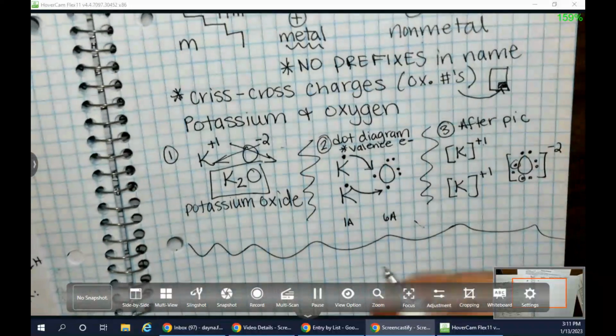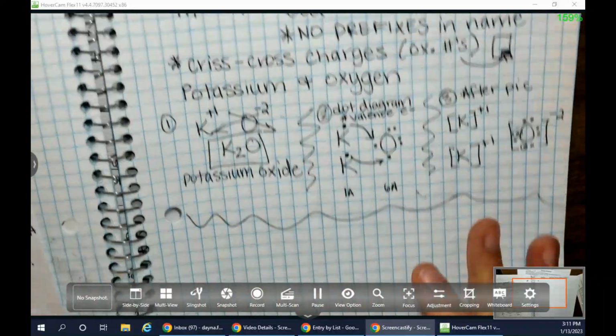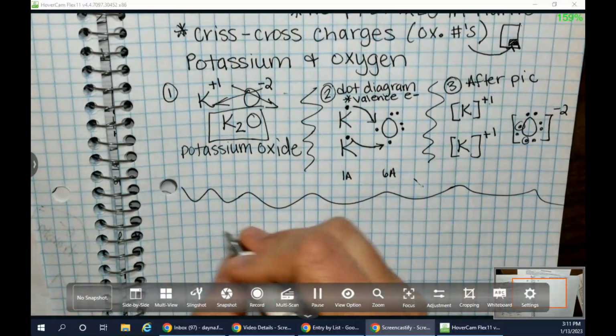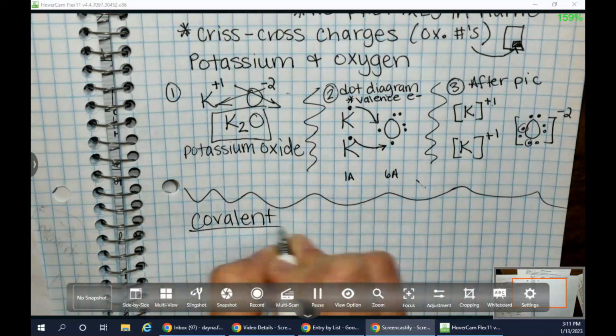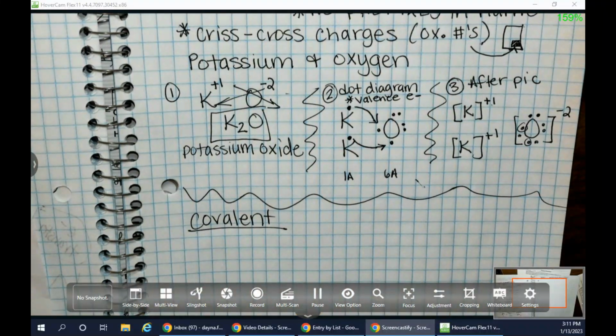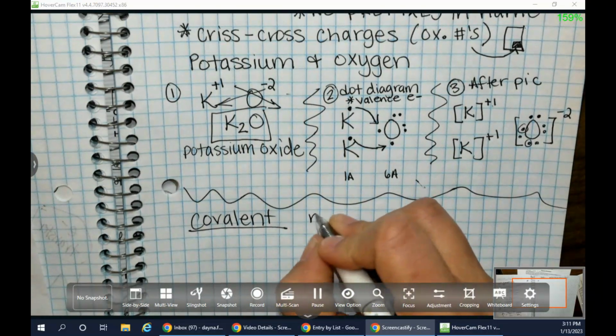All right. So our quick little cheat sheet for covalent stuff. Let's go ahead and put covalent down here at the bottom. For covalent, we're going to have nonmetal with a nonmetal.